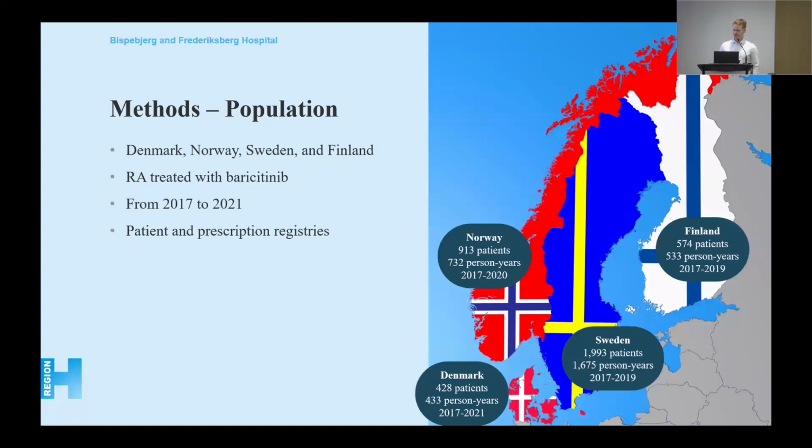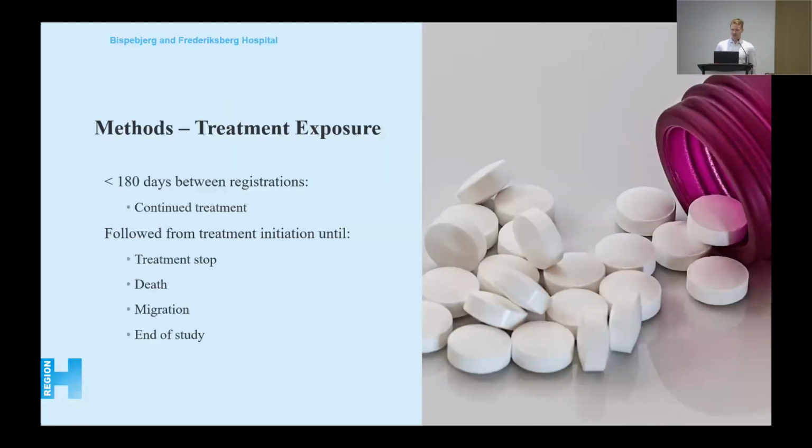These were all patients from the national patient prescription registries and the registries for inpatient and outpatient visits. So we classified patients as having the treatment exposure if they were incident users.